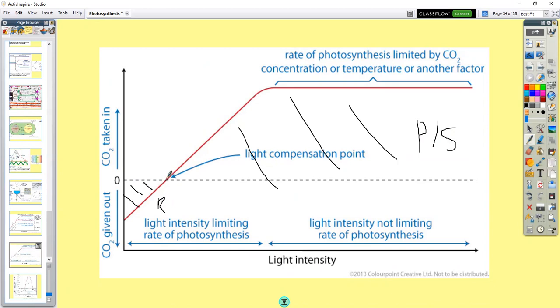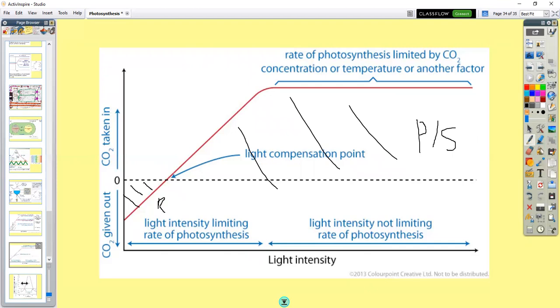And at this level where it's zero, a net gain of zero carbon dioxide, so the same amount is given out as taken in, that's where the rate of photosynthesis is the same as respiration, and that's known as the compensation point. So that's the intensity of light where the rate of respiration is the same as the rate of photosynthesis.